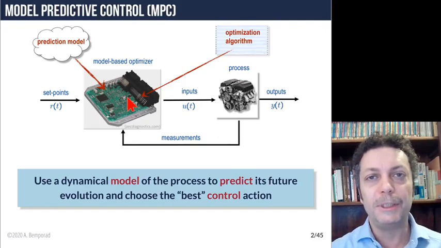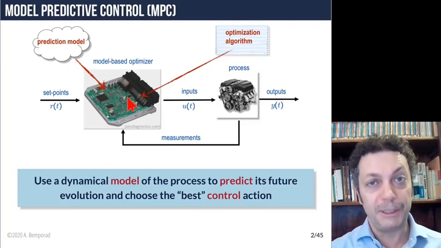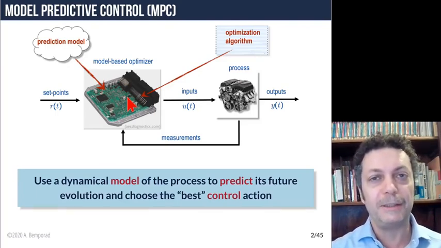And among all these possible sequences of manipulated variables that you can choose, the MPC controller will choose the best one according to a certain performance index and constraints that I will specify in a second. This is why it's called model predictive control. Use a model of the process to make predictions, and as a result of the optimization, you get a control action.